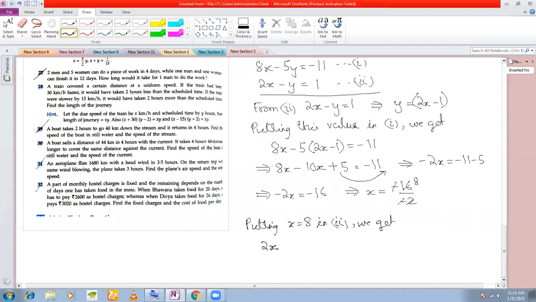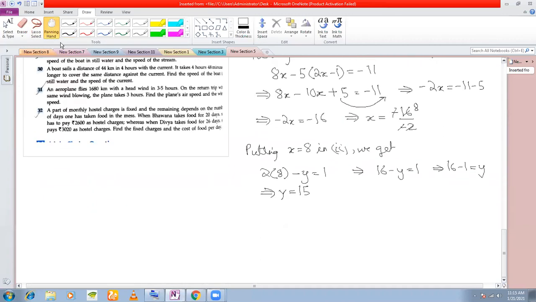2x, the value of x is 8. So 2 into 8 minus y is equal to 1. That means 16 minus y is equal to 1. That means 16 minus 1 is equal to y. That means y is equal to 15. So what is the original fraction?